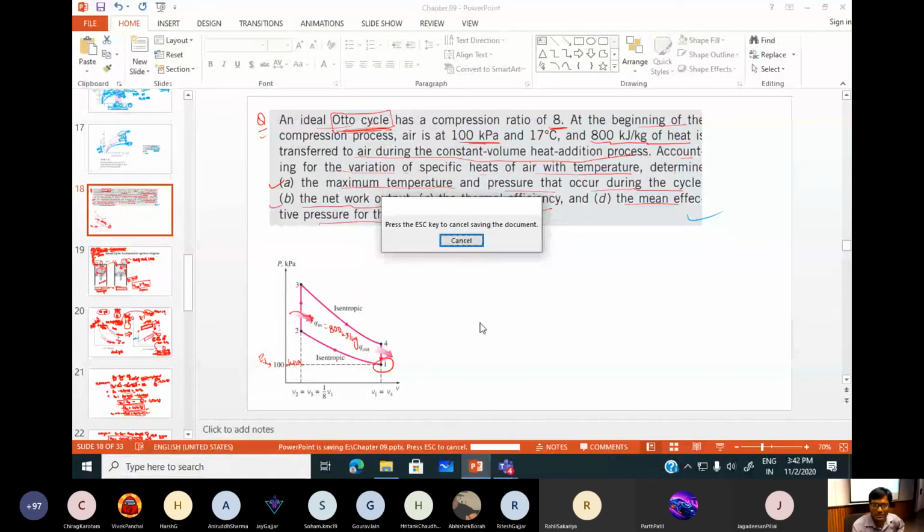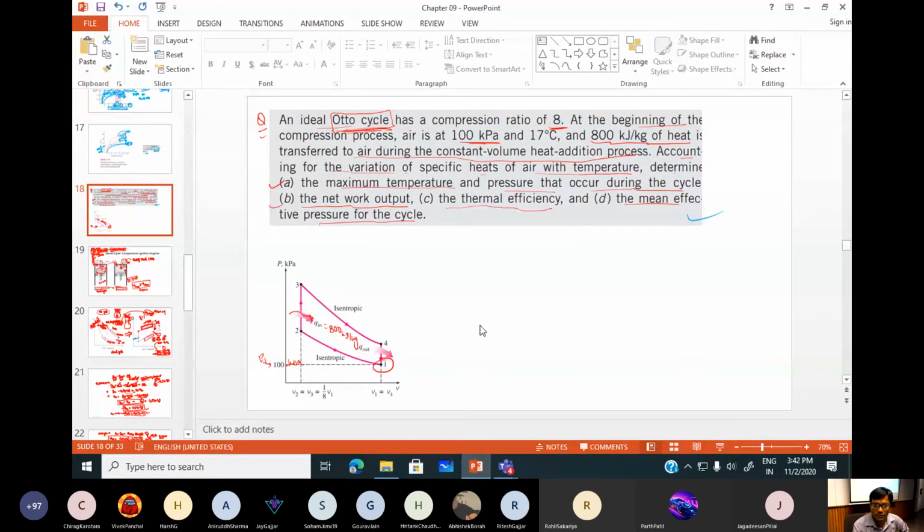These typical questions on Otto cycles, what are the efficiency, what is the net work output, you would expect. Because the compression ratio is given as 8, if this is V1, then this is V1 by 8. It has been compressed to 1/8 of the volume. So all the different data that you need is there.